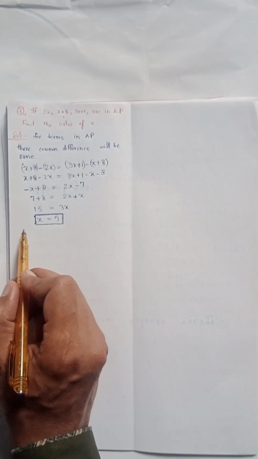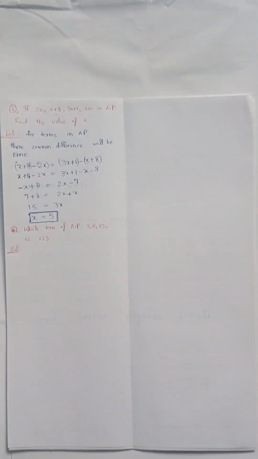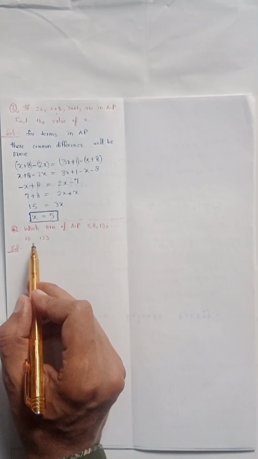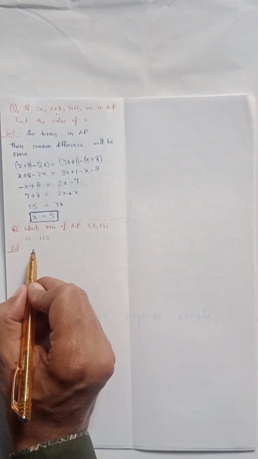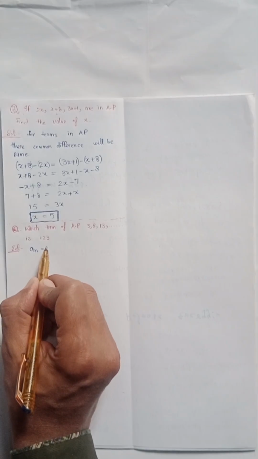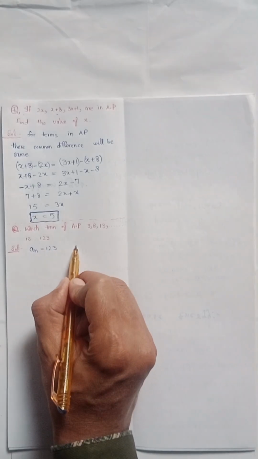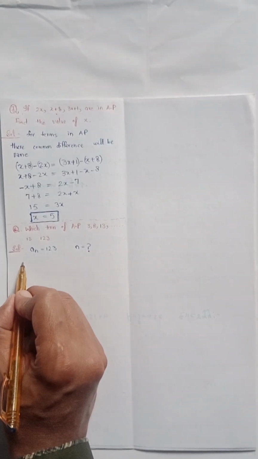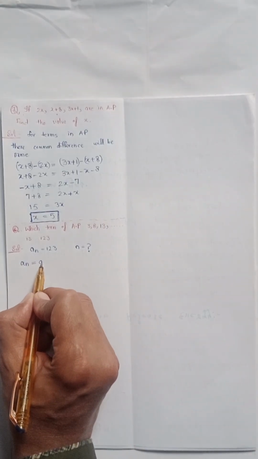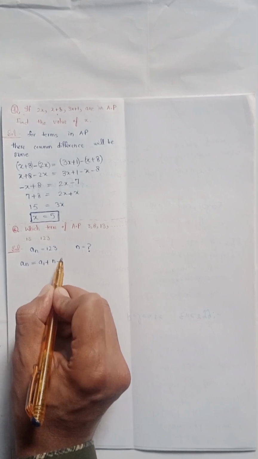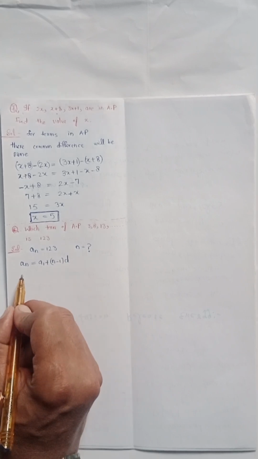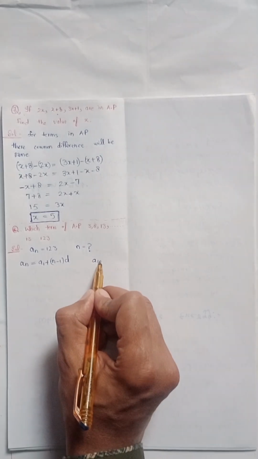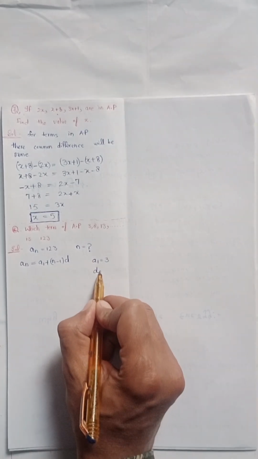So the value of x will be 5 for the arithmetic progression. Which term of the arithmetic progression 3, 8, 13 is 123? Here our an is 123 and we have to find n. We apply the basic formula an equals a1 plus (n minus 1) into d, where a1 is 3 and d is 8 minus 3, which is 5.